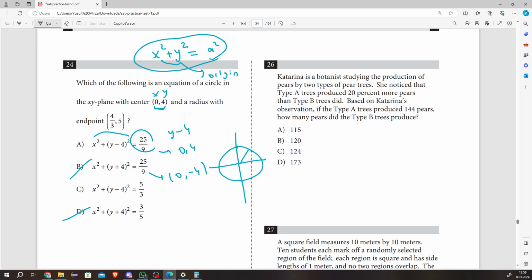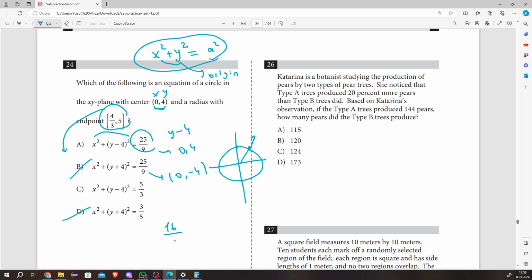So look at the other question. Let's put them in, and if the equation is correct, because we are now speaking on the graph. So let's put them and find whether it is true or not.